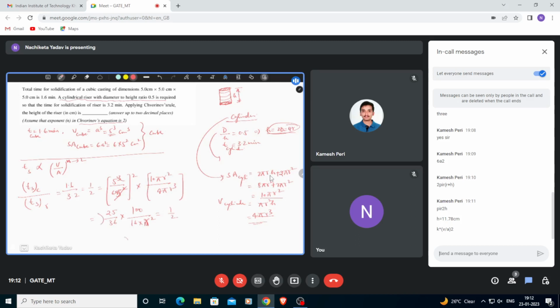So what r value are you getting? 2.94. So the h value from there you can calculate, it is 4r, so 11.78 centimeter. Yes, 2.94. So is it okay for you?